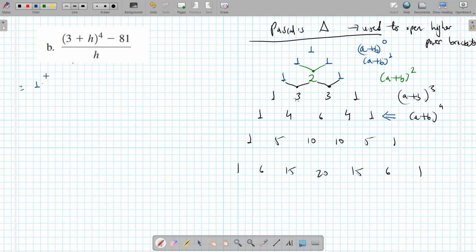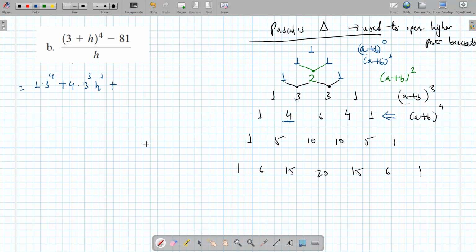And then you take your first term to the maximum power, like that. So that's the first term of (3+h)^4. For the second term, your coefficient is a 4. Then you take your first term, its power is going to drop down by 1. But your second term, its power is going to go up by 1. So now you introduce the h. So that's your second term.